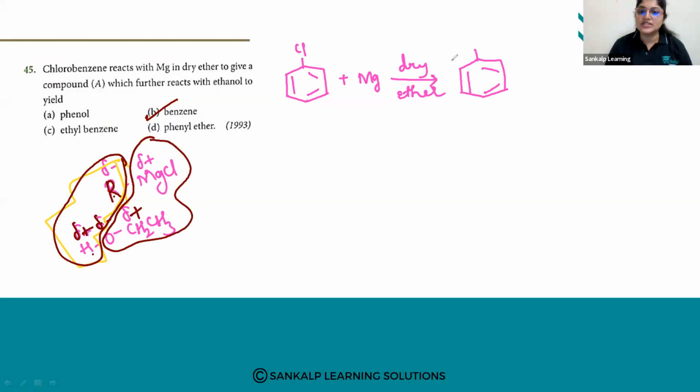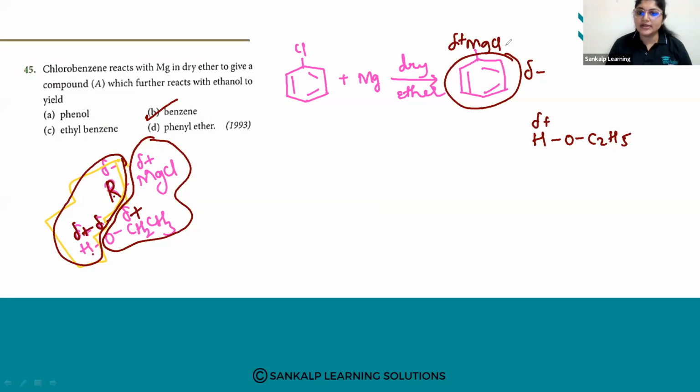Now here it is RMgCl. R is this, so this will get the negative part and this will be the positive part. So this will get combined with H. HOC2H5, so this will have positive charge.